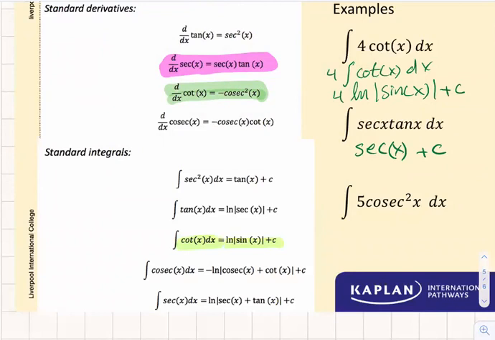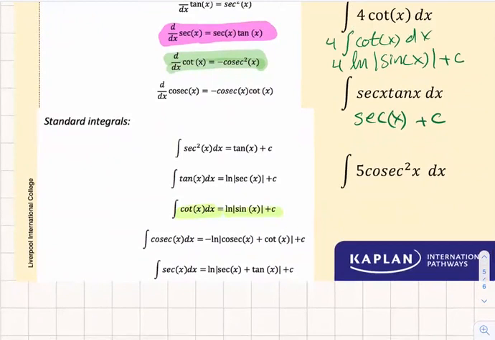And again, because we know the integration is opposite to the differentiation, that means the integration for minus cosecant squared will give us cot. But we have the integration for cosecant squared, not minus. Then in that case, the answer is going to be minus cot. Okay. So again, we can put this 5 outside.